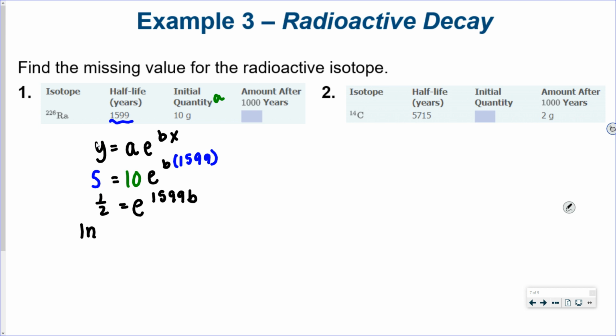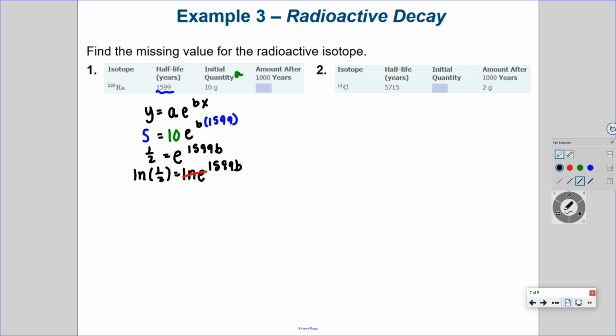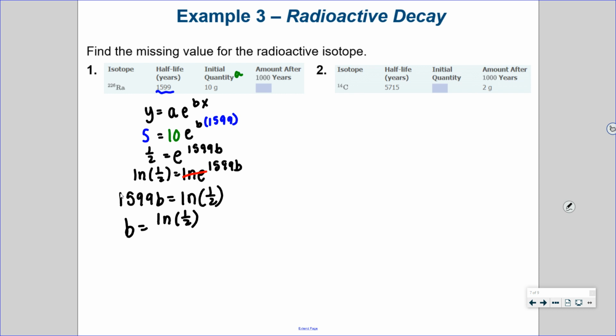Natural log of both sides. Then you just take the natural log of 1/2, divide it by that 1,599. I usually just round to 4 decimal places.